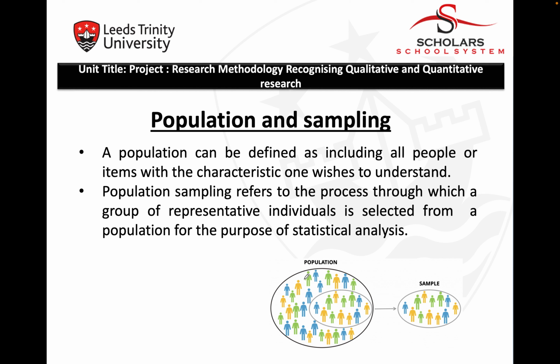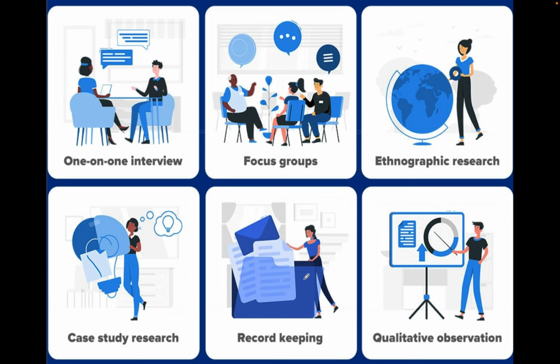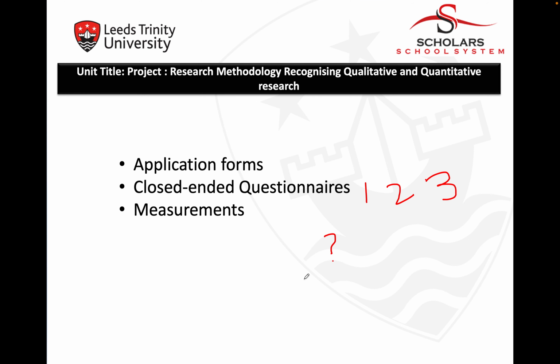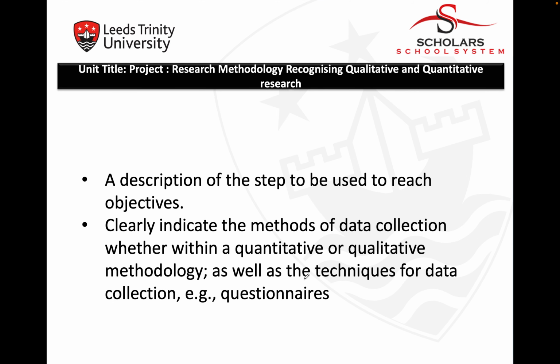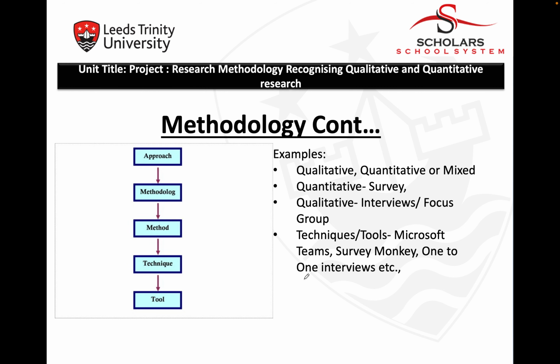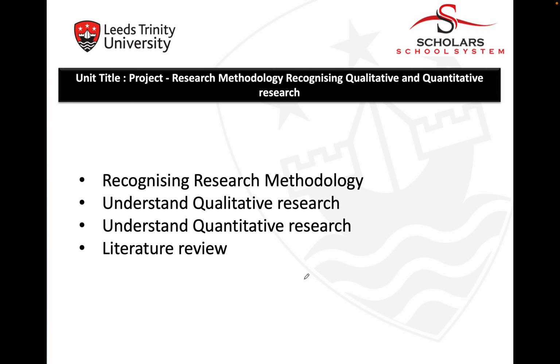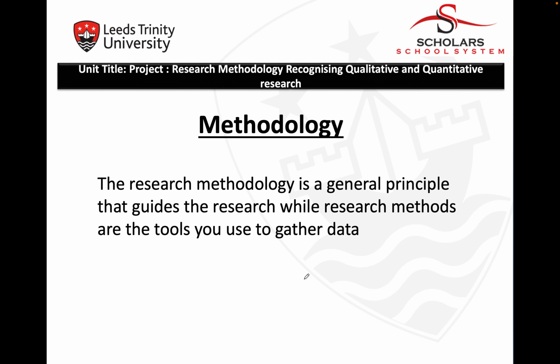Now, so far we've talked about types of research, right? Quantitative research and qualitative research, and the advantages and disadvantages of each. And before that, we talked about what research design is, what research methodology is, and what research approaches are.